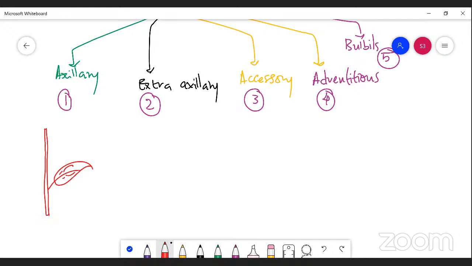As I mentioned, a leaf is a flattened, greenish, blade structure. Just behind the base of the axil part, you can see the buds arise. This is called axillary buds.